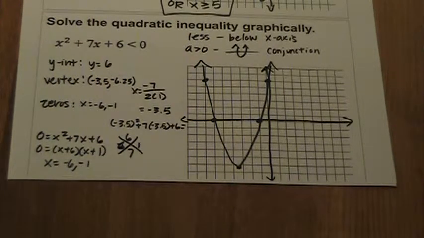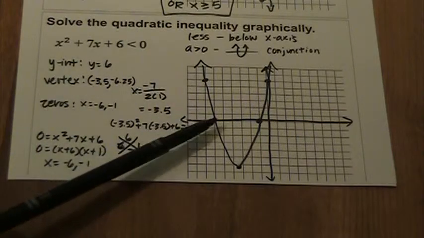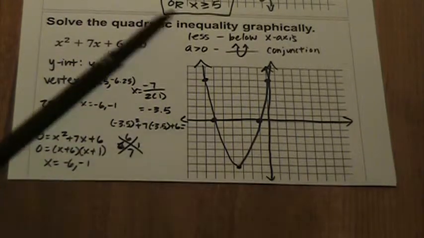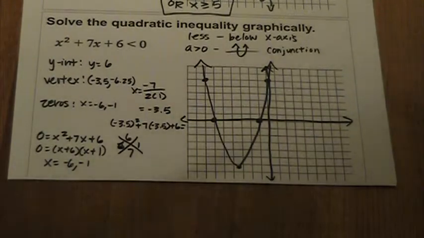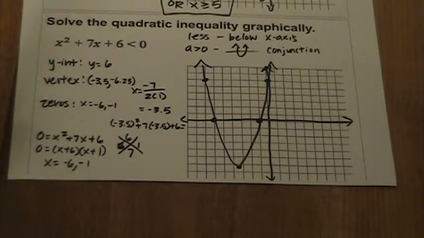The second thing I need to do is establish whether these intercepts should be closed or open circles. Well, they should be open circles because I have no equal to on my inequality. And because I'm working in marker, I'm going to have to use some white out to make them open. So, do that right quick.